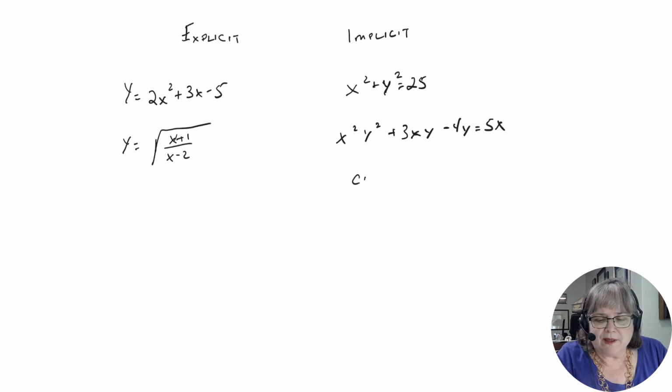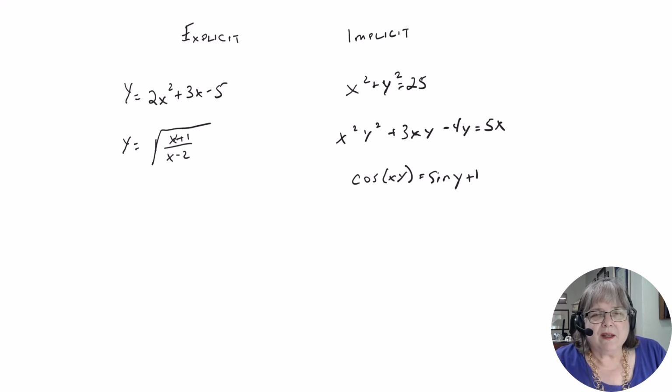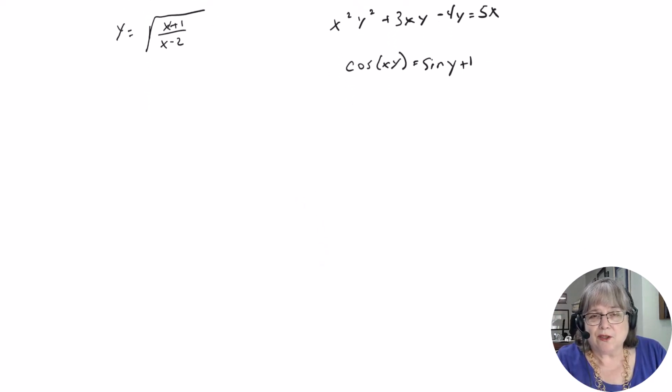It could even be a trig function. But if you've got x's and y's tangled up, woven together inside of the function, where it's not clearly y is equal to all this stuff in terms of x, then it is implicit. The relationship between the two is implicit.